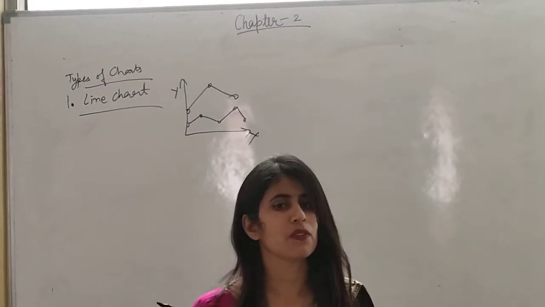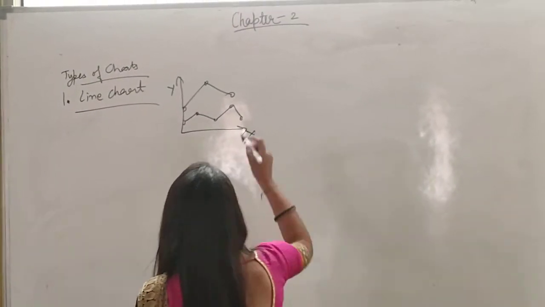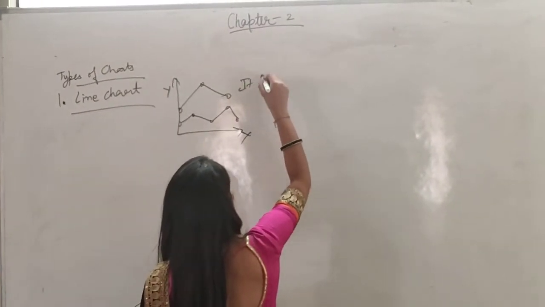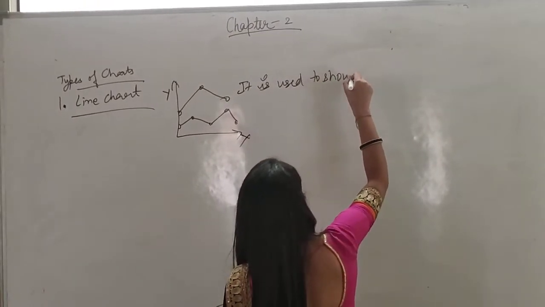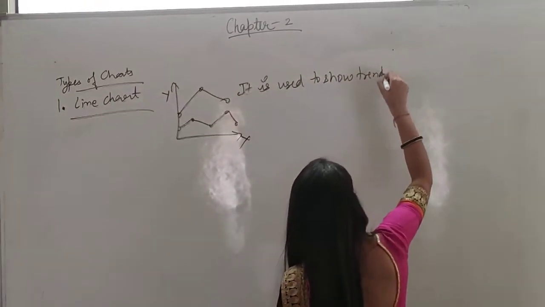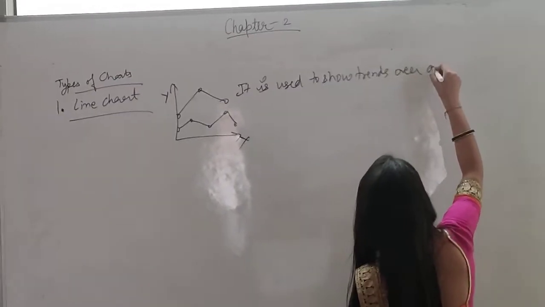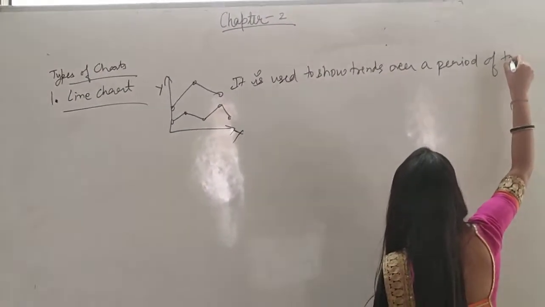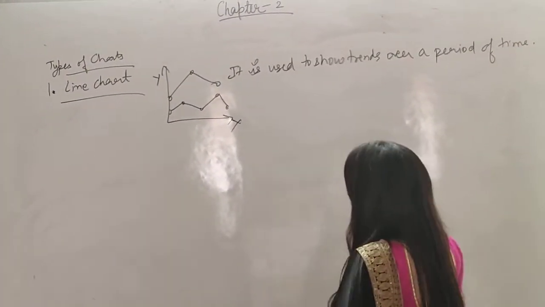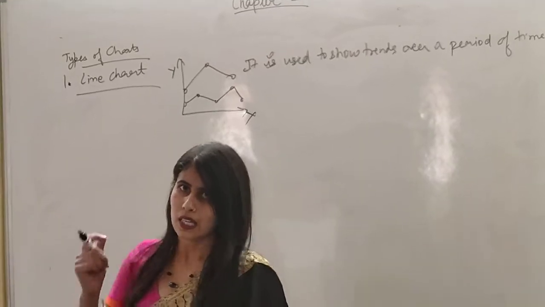We are describing few lines for it. It is used to show trends over a period of time. So this was about the line chart.